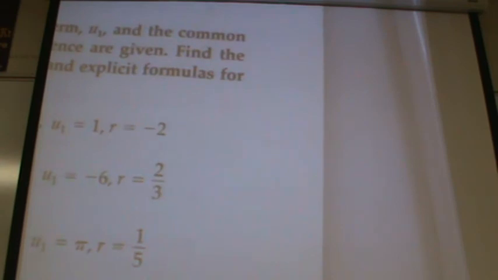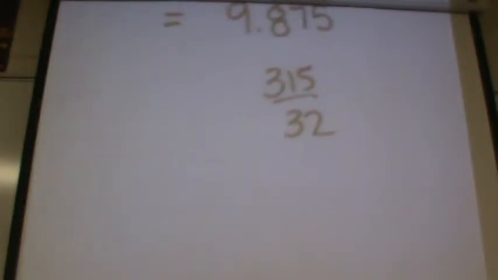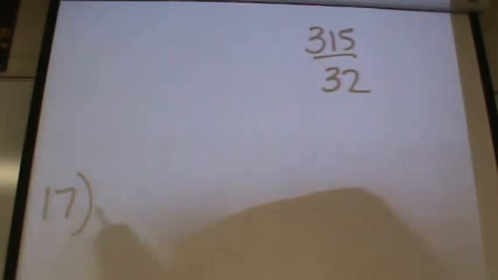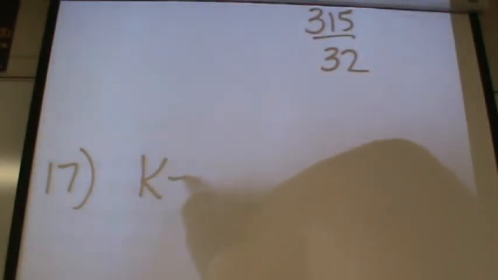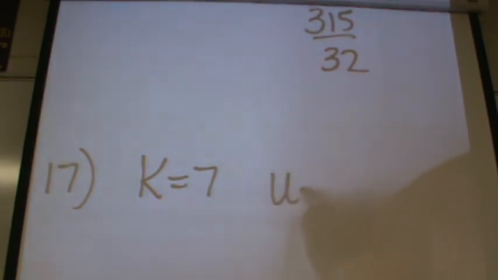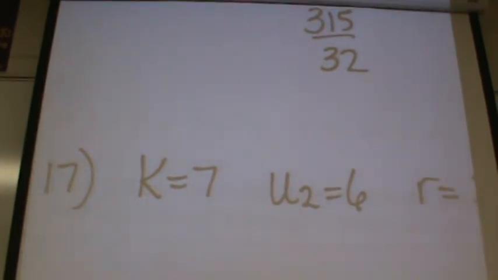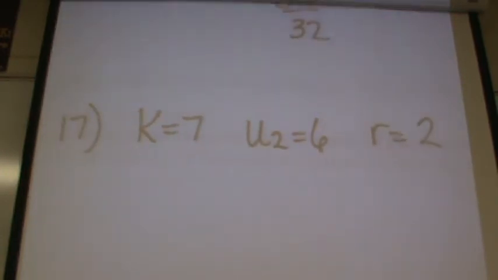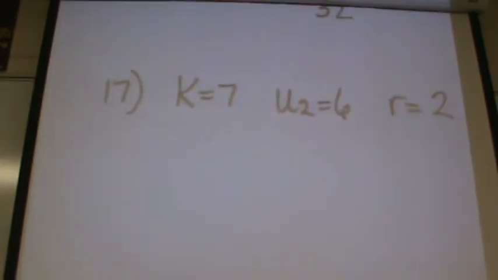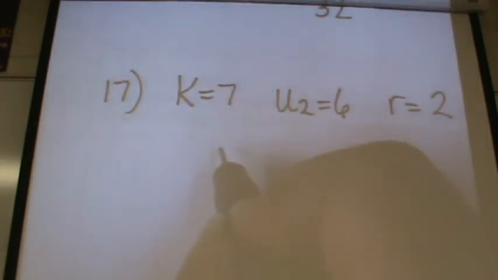The next one, number 17, same thing. Number 17. You are going to add up, it says k is 7, u sub 2 is 6, and r is 2. Okay, so in our formula, we have to add up terms in a geometric sequence.